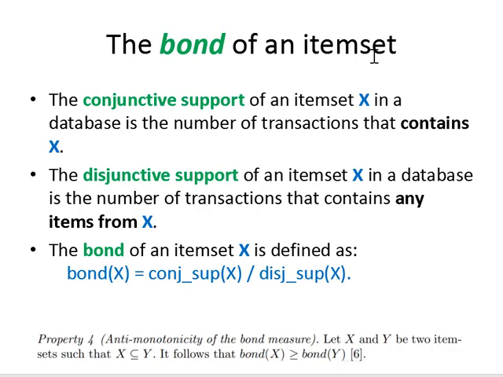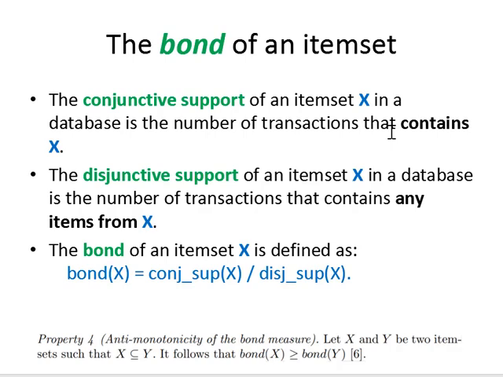Okay, how we calculate the bond of an item set is quite easy. I need to introduce two concepts. What we call the conjunctive support of an item set X is the number of transactions that contain X. So the conjunctive support of AB is the number of transactions that contain A and B together.